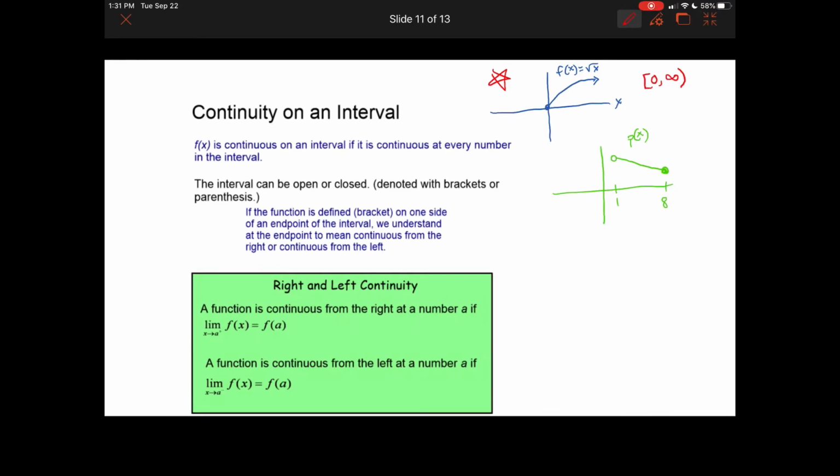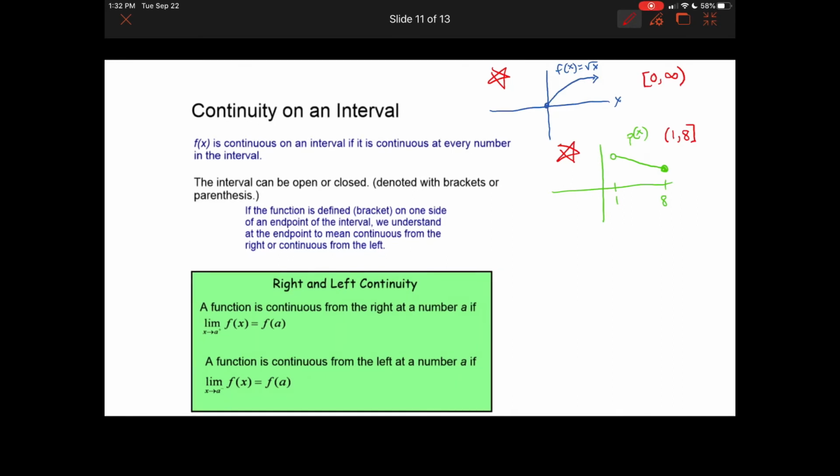I could also say, looking at this green graph, that p of x is continuous over the interval from 1 with parentheses, because we're excluding it, to 8 with a bracket because I include it. And so these are two examples of continuity over an interval.